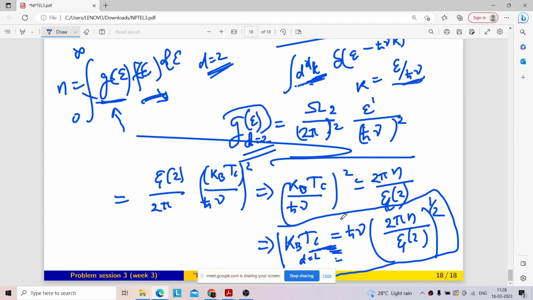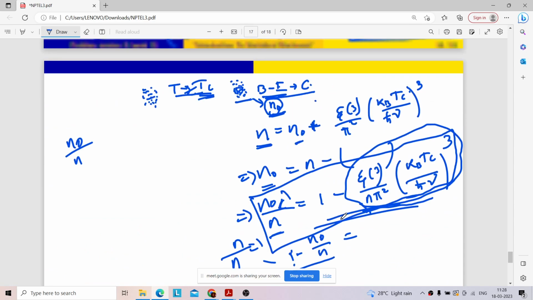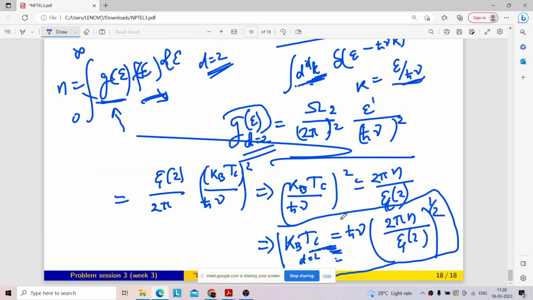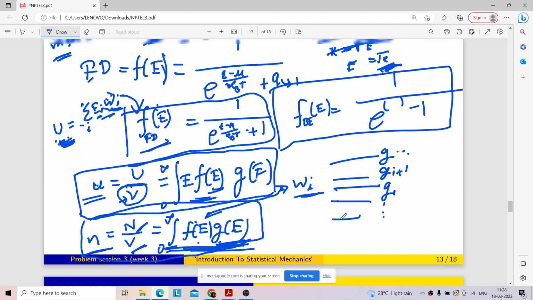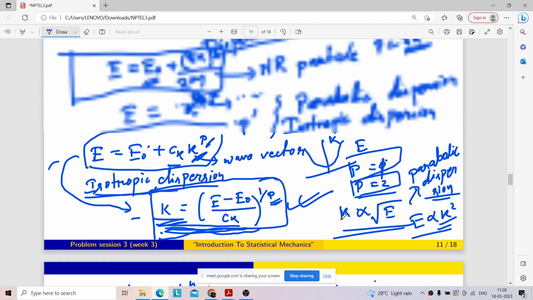So we calculated for 3 dimension, and now we calculated for 2 dimension. From the spin, we can guess what kind of particle it is.